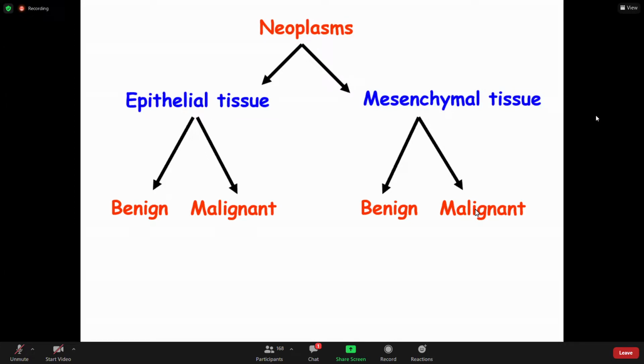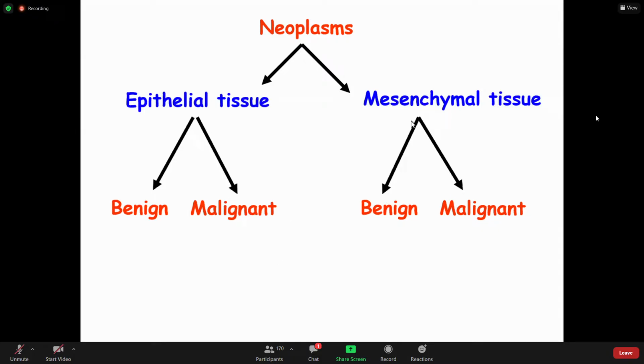So again, why do you need this division? Because we will see that a lot about the behavior of the tumor is going to depend on what the tumor is. Is it an epithelial tumor or is it a mesenchymal tissue tumor? For example, we know that epithelial tumors are more likely to choose the lymphatic way to metastasize, to go with the flow and go to distant sites.